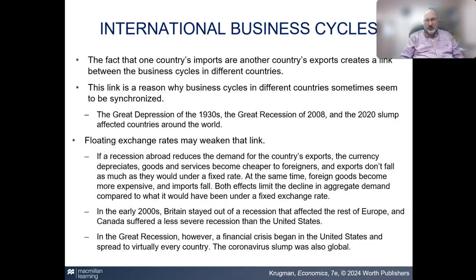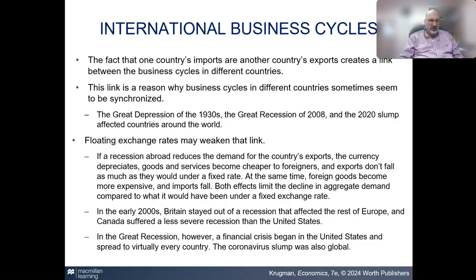But most of your larger countries, if they have an event, it's going to affect all of us. So one country's imports being another country's exports creates the link between the business cycles. And this link is the reason why business cycles in different countries sometimes seem to be synchronized.